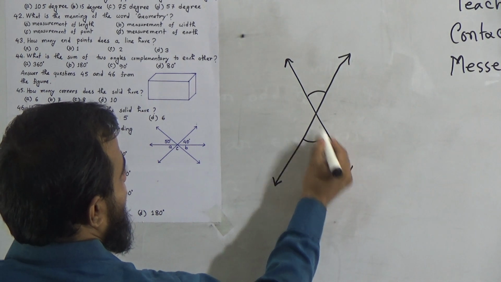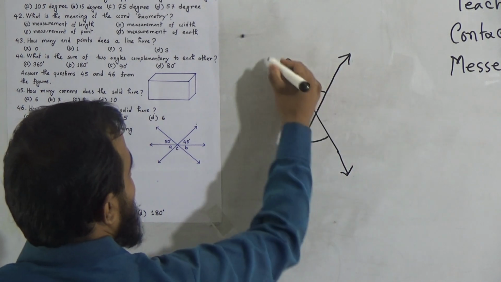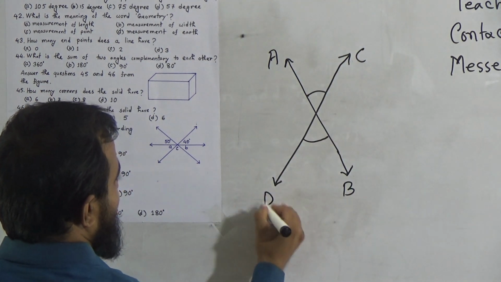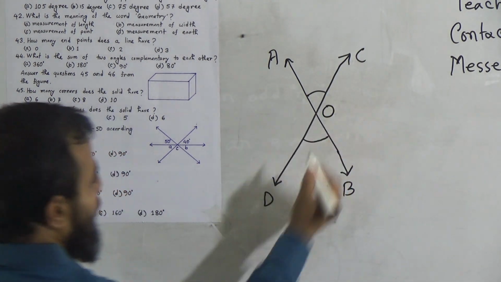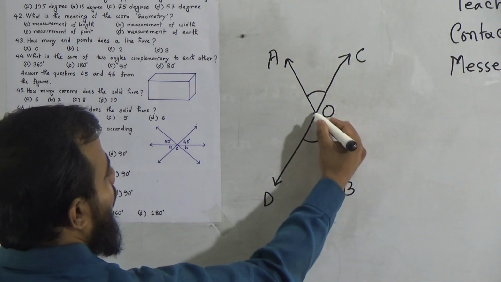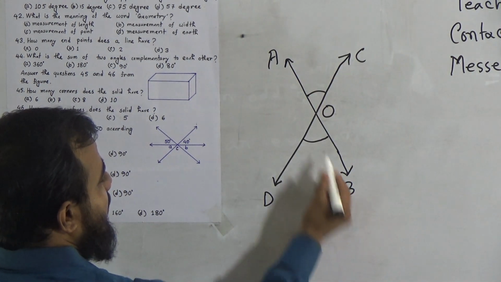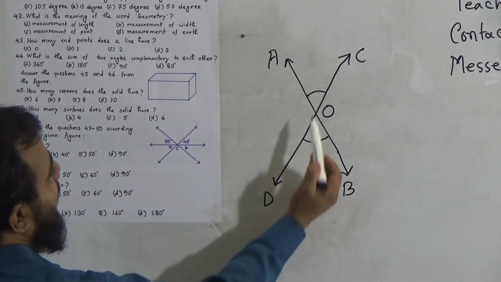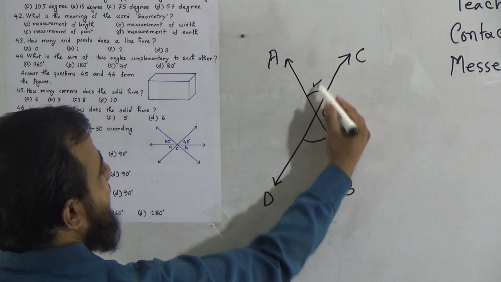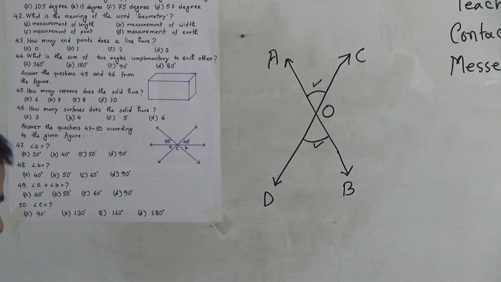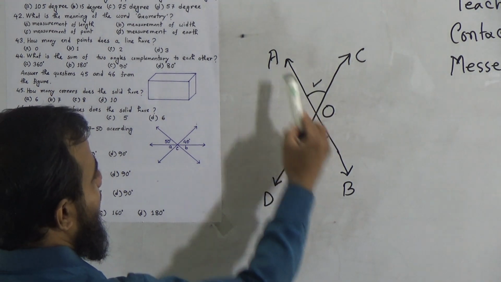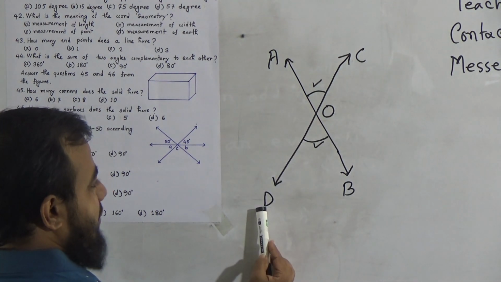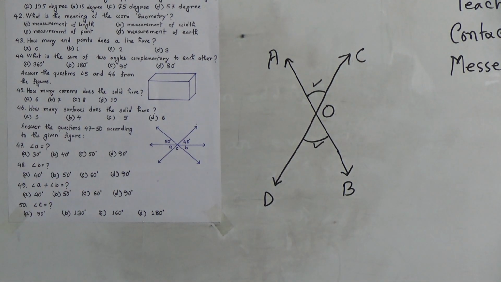Suppose AB and CD intersect at the point O, then AOC and BOD are vertically opposite angles, and you know very well that vertically opposite angles are always the same. That means always equal. So if AOC is 75 degree, then BOD is also 75 degree.